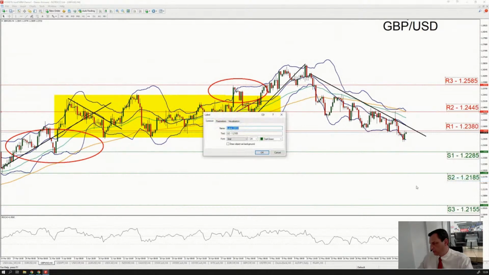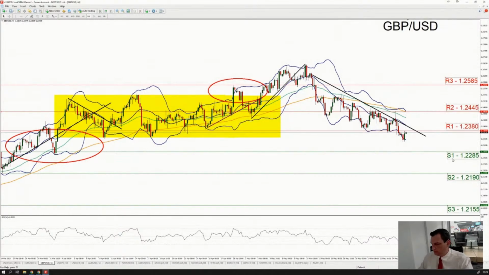The S2 at 1.2190. Let me reaffirm this. Yep, correct. And finally, the S3, which is being placed at 1.2045.